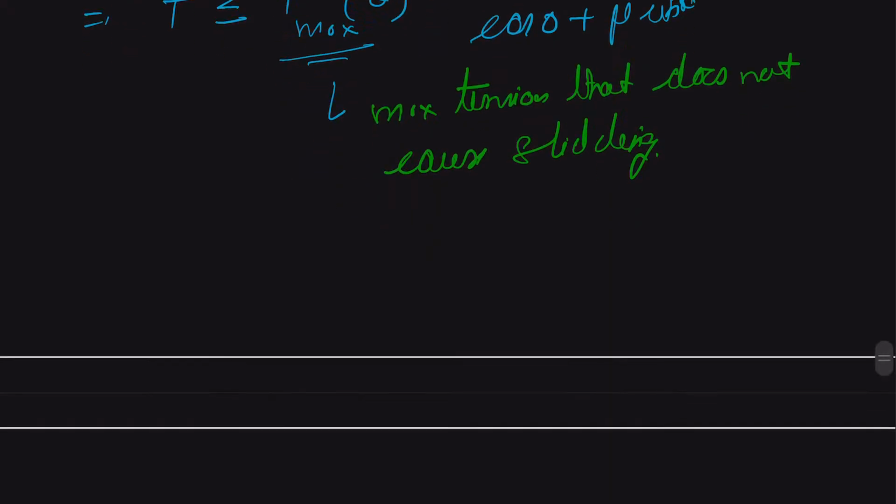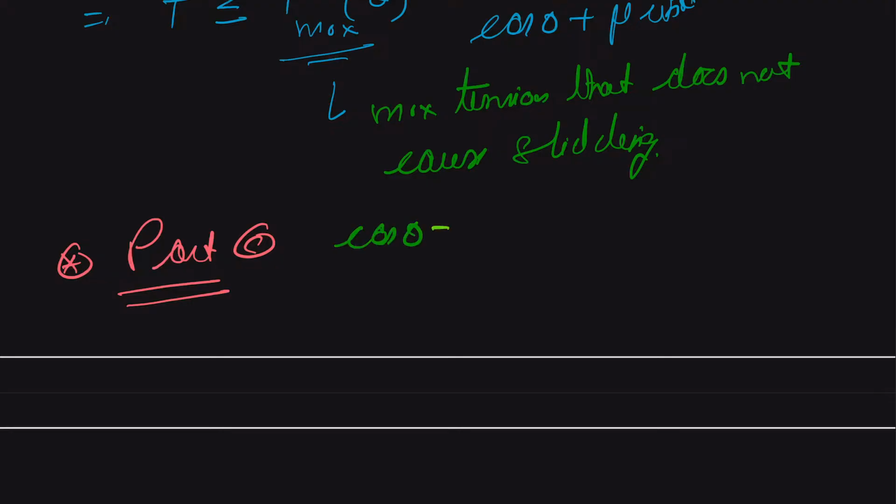Now we come to our C part. We already know that cos θ is small r upon capital R. And from here we can write that sin θ will be the square root of 1 minus cos squared θ, which is a simple trigonometric identity.